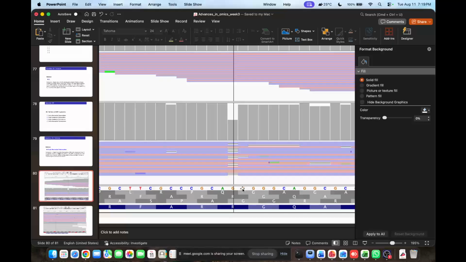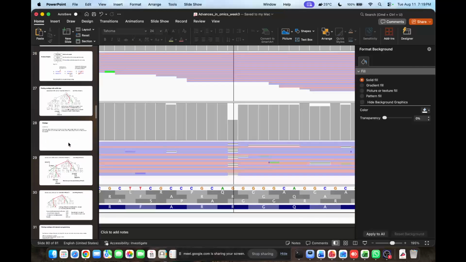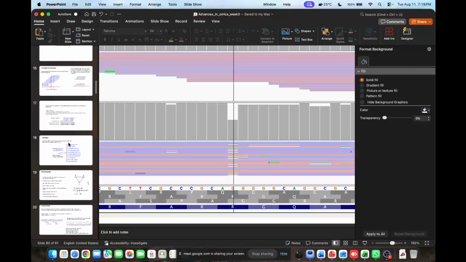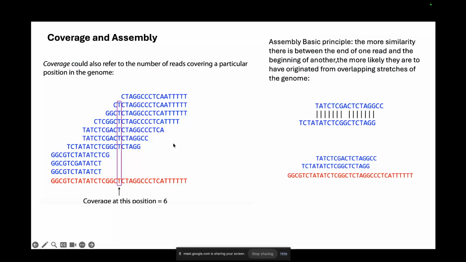So if you do an average across the genome, across every base pair, what is the average number of reads covering that base pair? That is what coverage is. So on average, for a single base pair in the genome, how many reads are covering that? That is by definition what coverage is. And the basic principle of assembly is that the more similarity there is end to end.